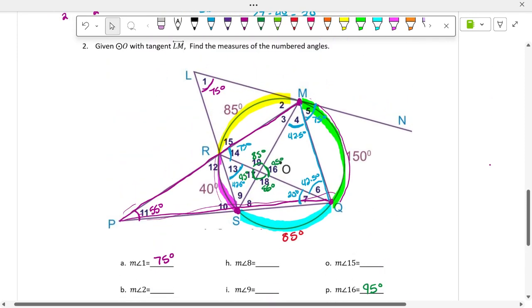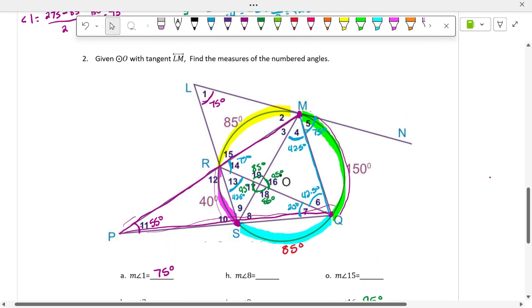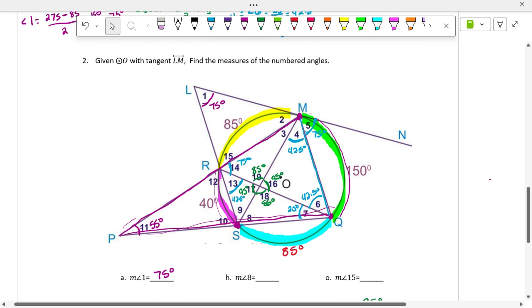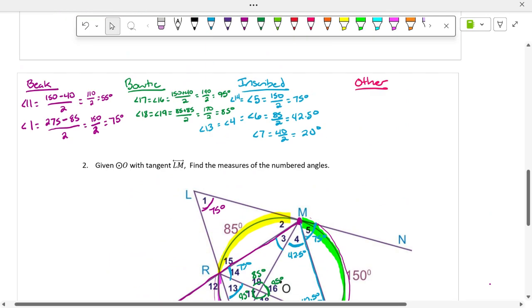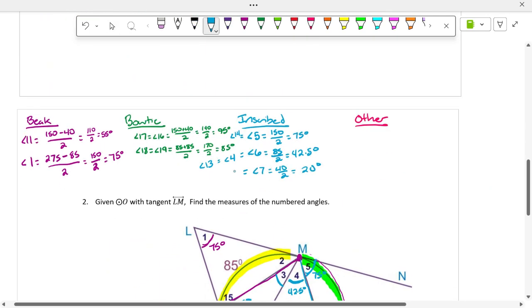So 7 is 20 degrees. What's another one? Trinity. 3 is good. What's the arc that it intercepts? Good. So it's going to be the exact same as 7.